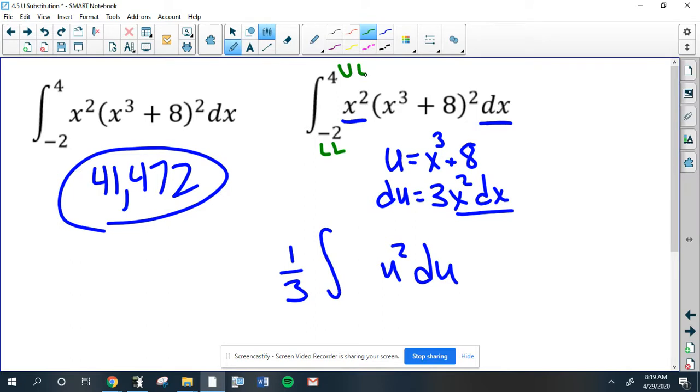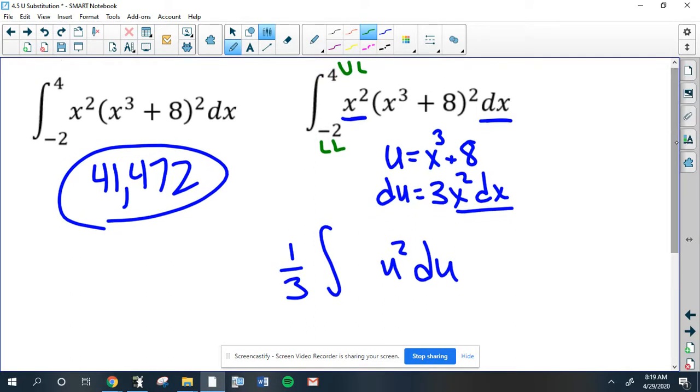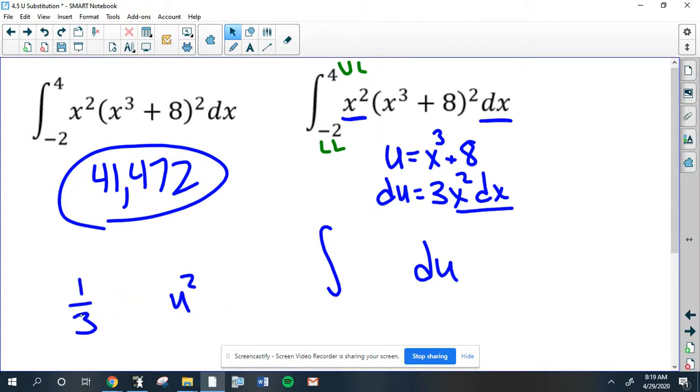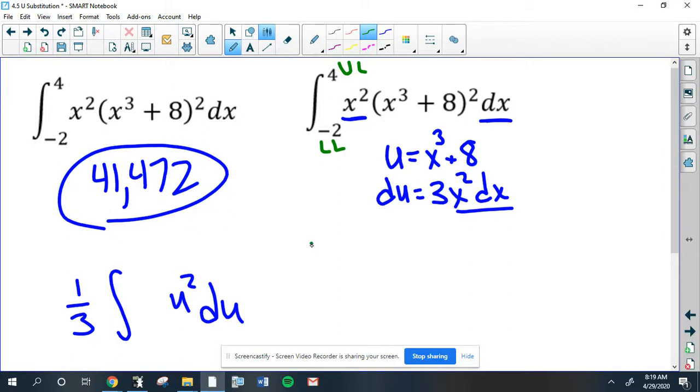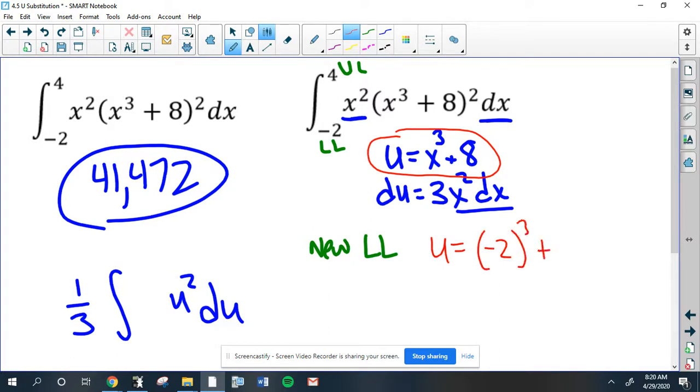So I'm going to now calculate my new lower limit. Remember that lower limit was -2. That's x. So now we're going to change it using this. U equals -2 cubed plus 8, which is -8 plus 8, which is 0. So that's my new lower limit in terms of u.